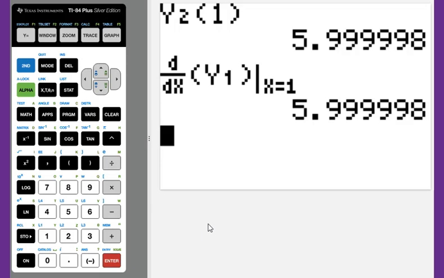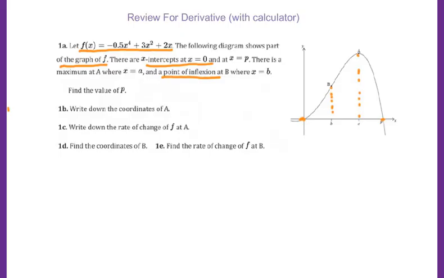It's really up to you which one you want to use. For 1c, find the rate of change of f at a. We know a is a maximum value, therefore it will be equal to 0. Rate of change means derivative. Derivative means slope of a tangent line. It will be equal to 0.